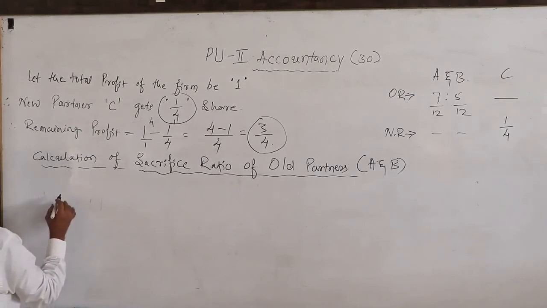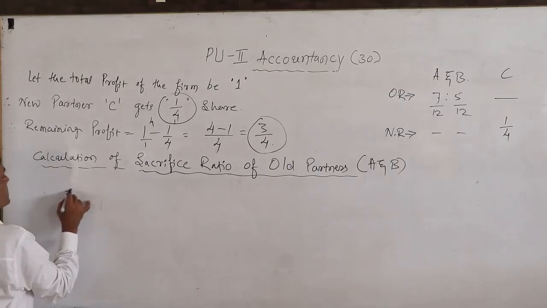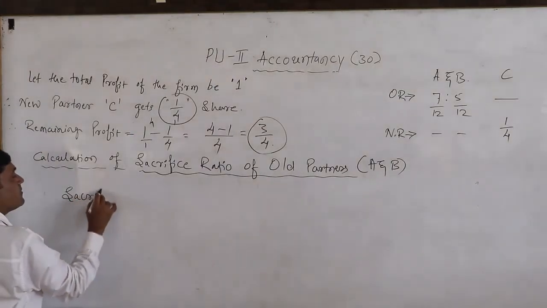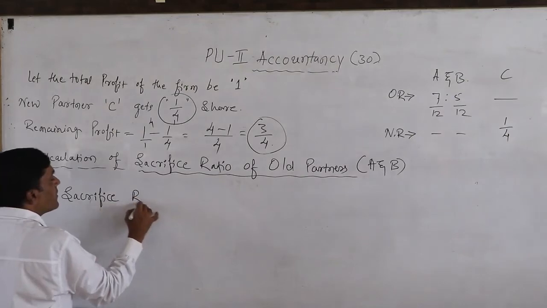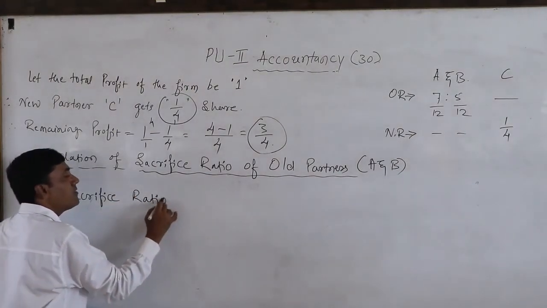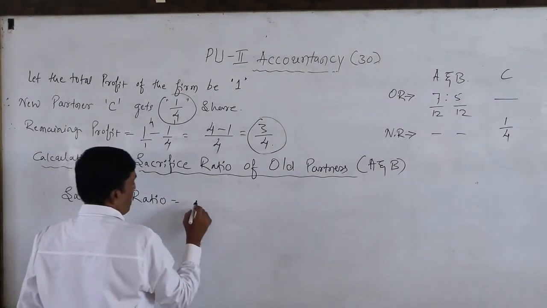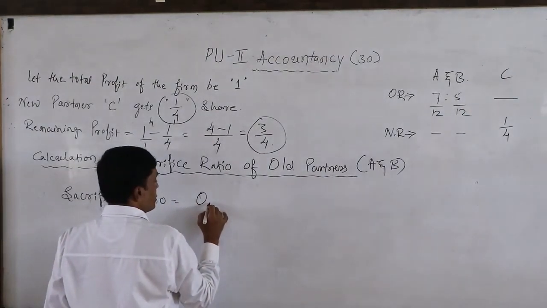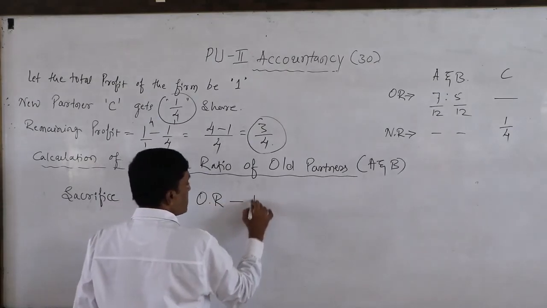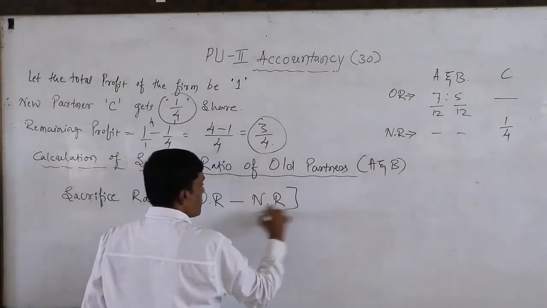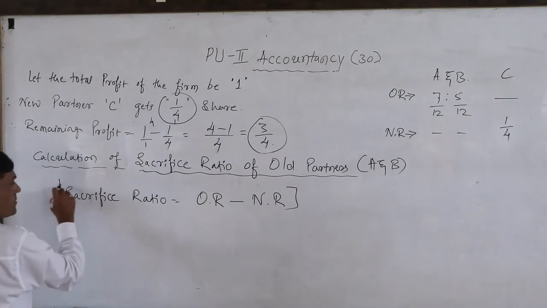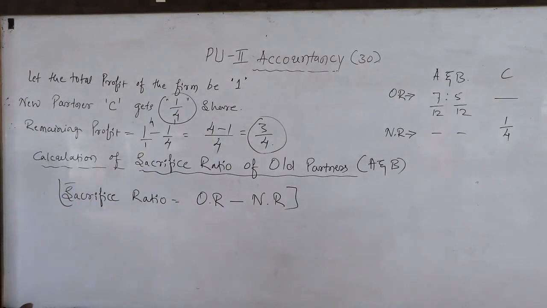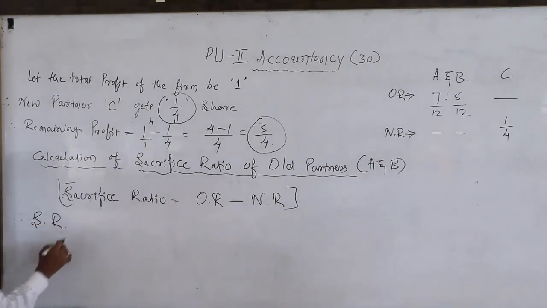For ascertaining the sacrifice ratio, the equation will be sacrifice ratio is equal to old ratio minus new ratio. This is an equation that we have already studied in the previous videos. So let us ascertain the sacrifice ratio of old partners.